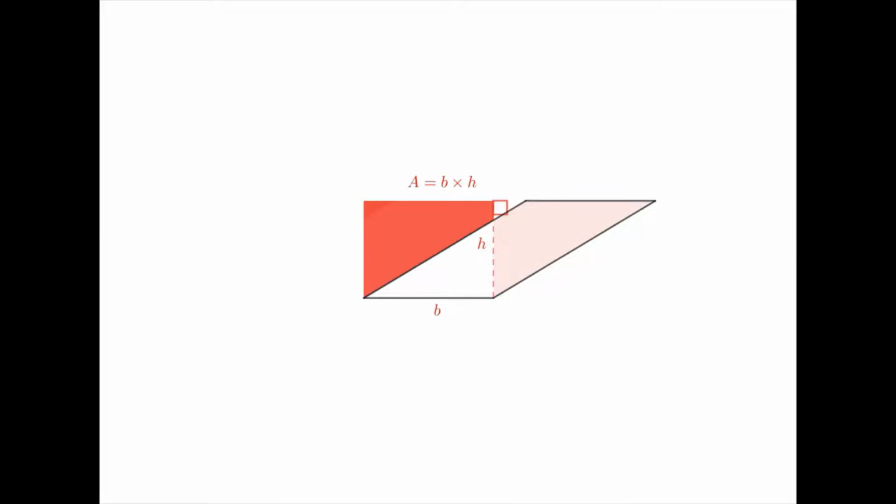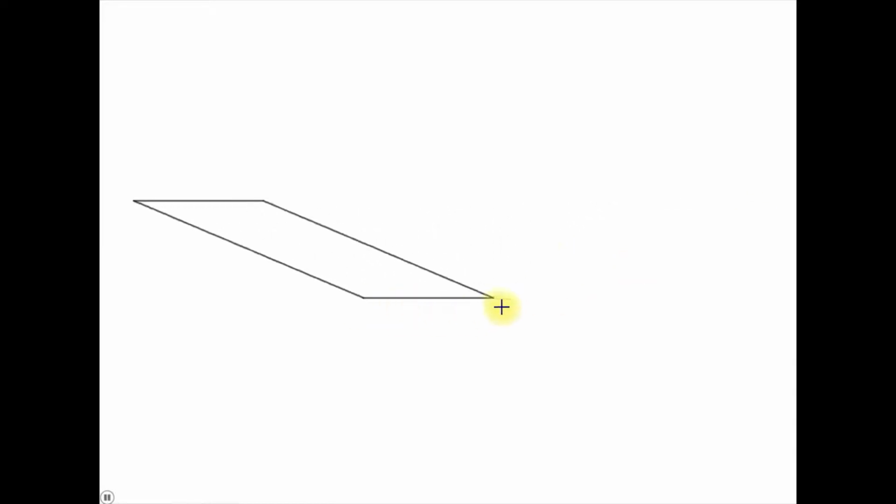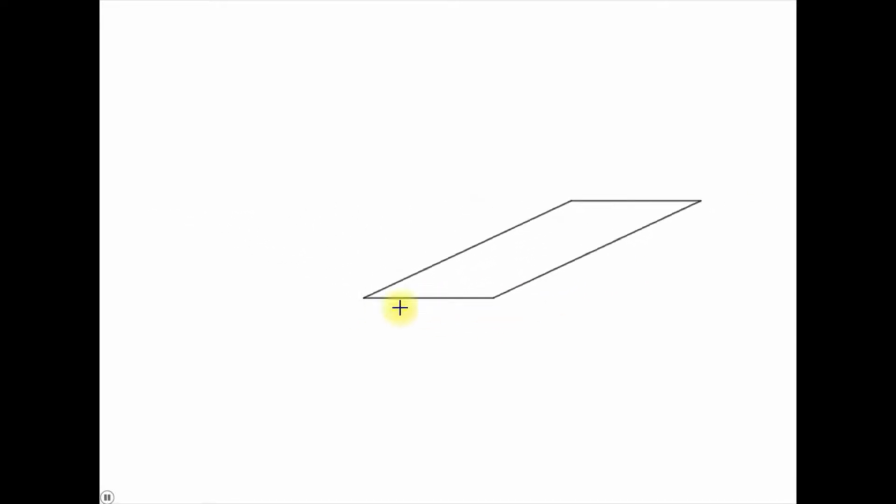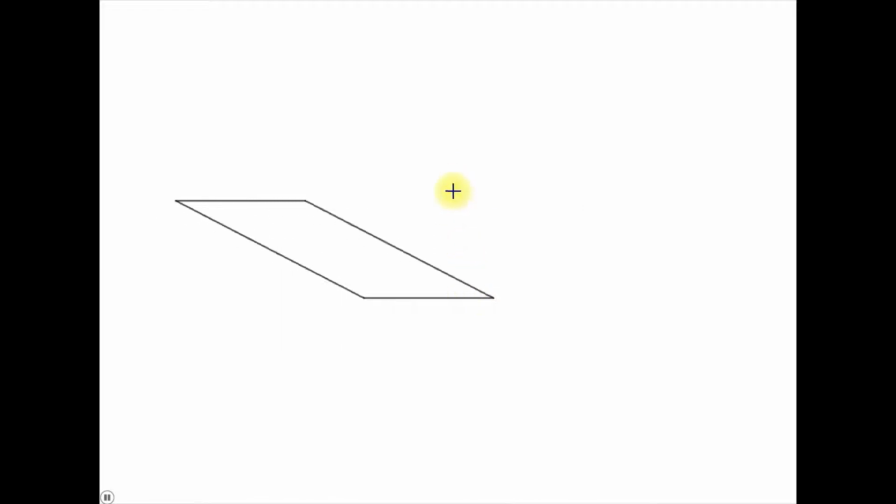Now, a really interesting consequence of this is I can take a parallelogram, keep its base the same length, keep the height between the two sides the same, and if I move this thing around, I get all kinds of different parallelograms, but because I'm not changing the base or the height, the area is always the same.